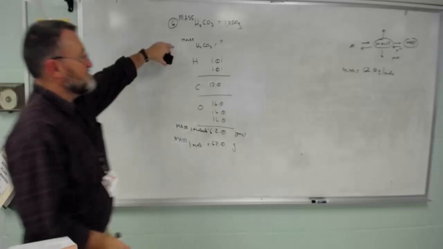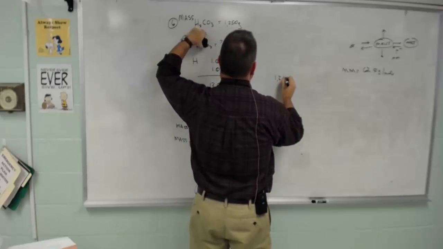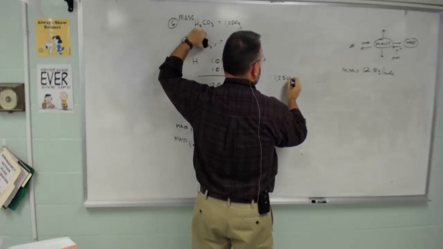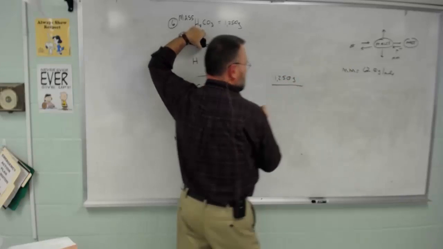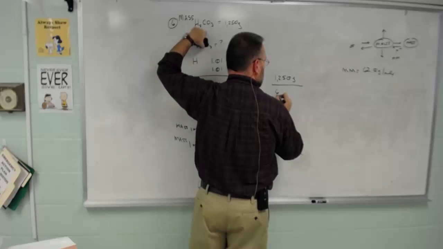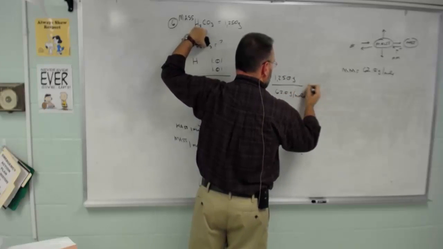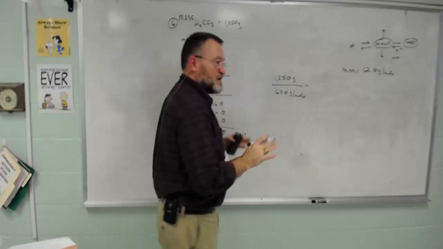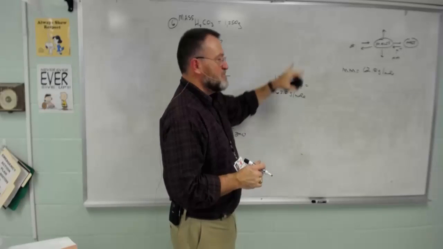I have been given a mass of 1,250 grams. And as we said before, I'm going to take the mass, divide it by the molar mass, which is 62.0 grams per mole. And that's going to equal, let me check my units, grams divided by grams per mole is the same as grams times mole per gram.